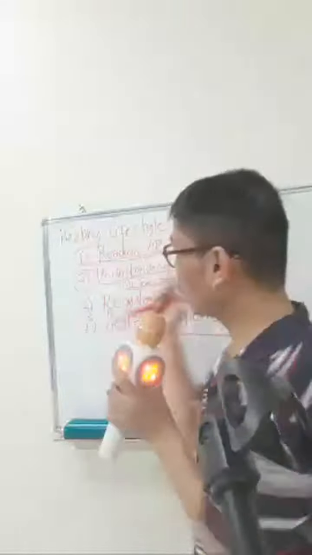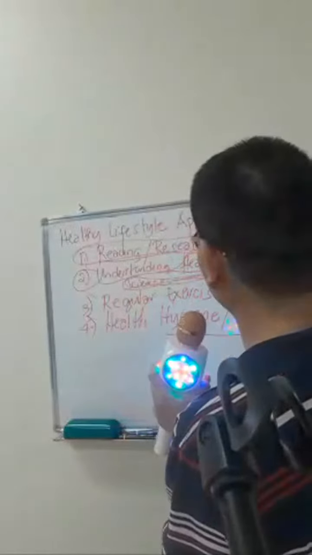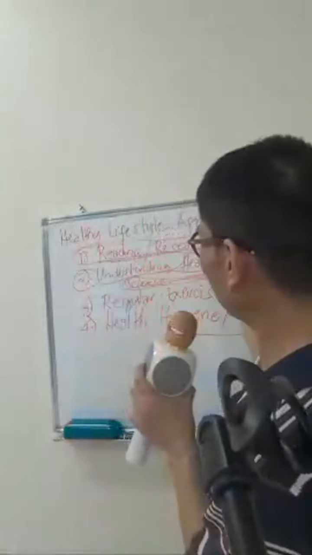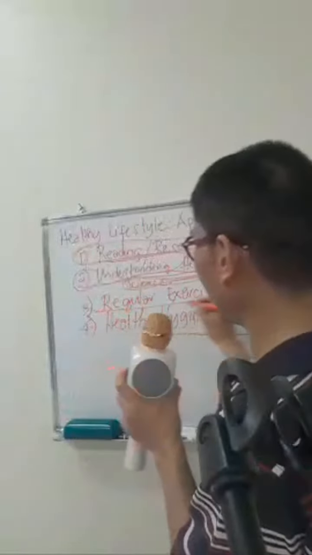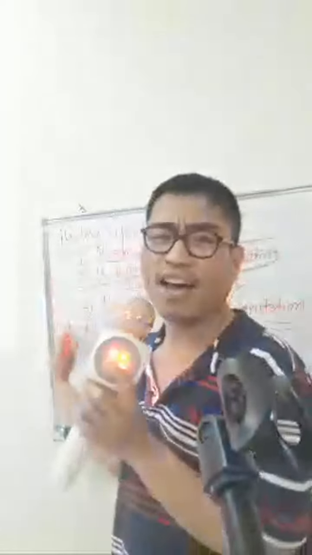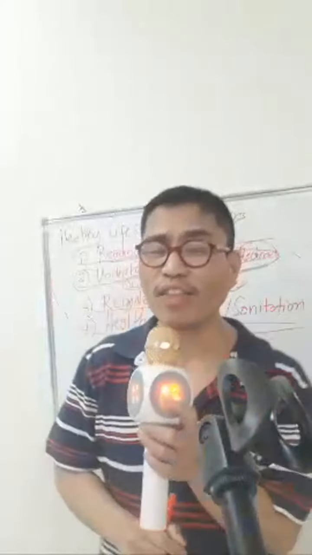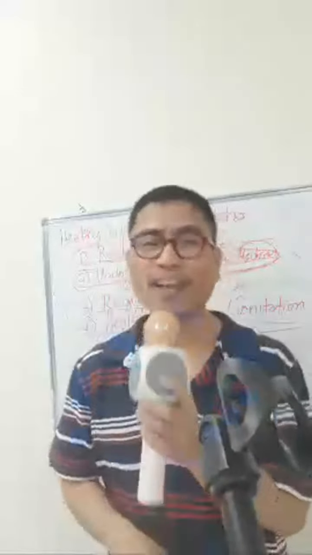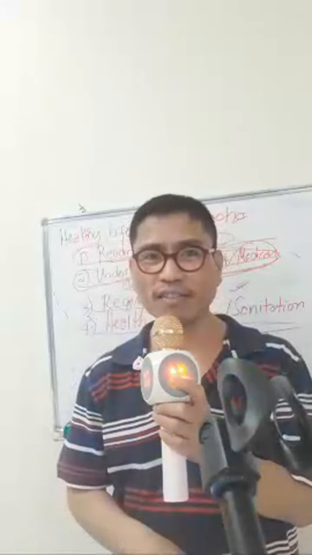Actually, the grammar is plural, right? Approaches. 1. Reading and research. 2. Understanding health and medical science. 3. Regular exercise. 4. Health, hygiene, and sanitation. So, bingo. Applying the four methodologies, you can have good health because health is wealth and prevention is better than cure. Any questions so far?